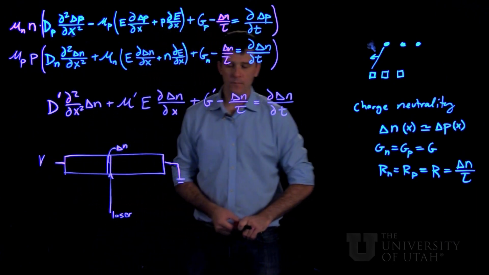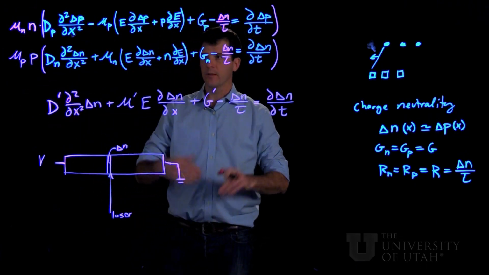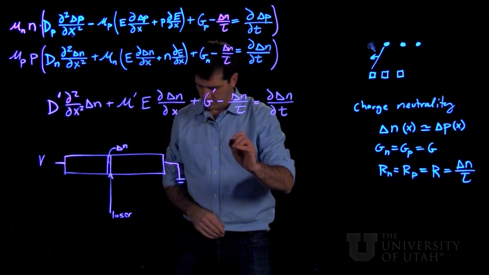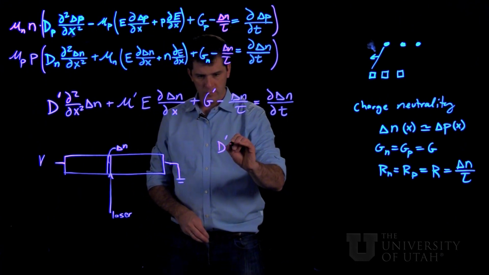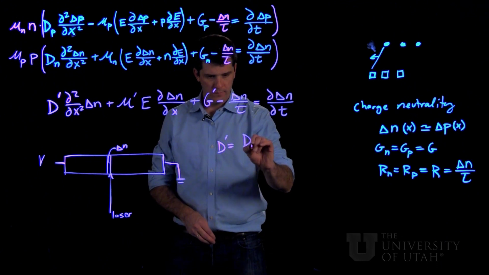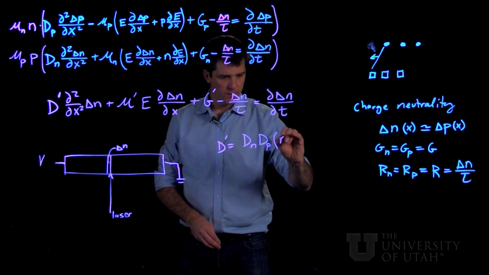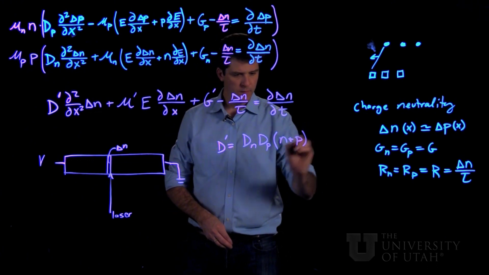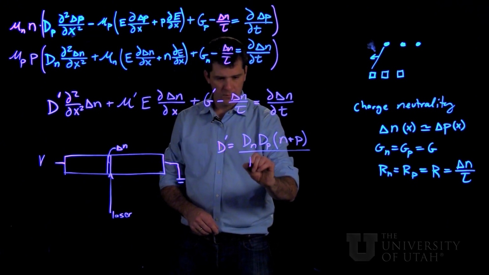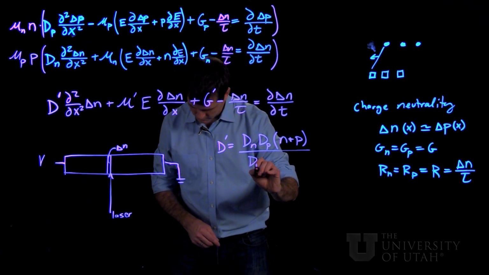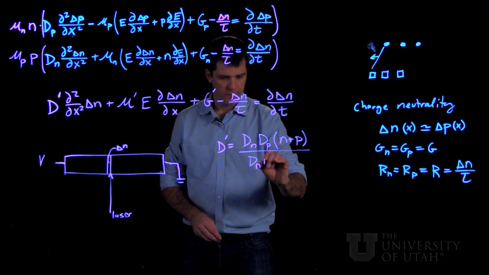So putting together these equations yields these effective quantities. The D prime is a combination of Dn and Dp, and they actually include the carrier densities inside them. So they're not the same pure diffusion coefficients that we're used to from our majority carrier transport.